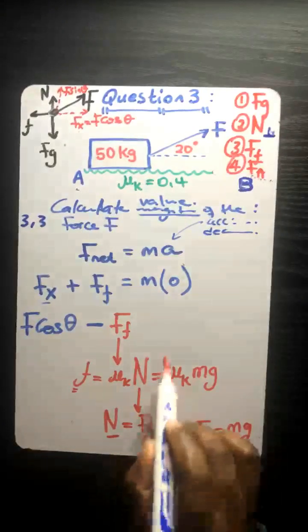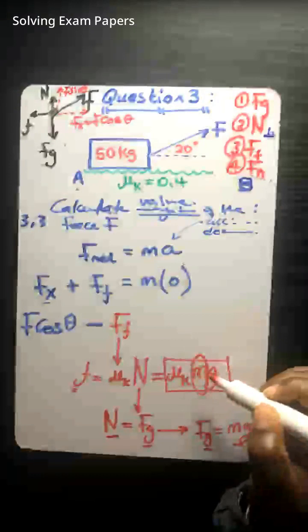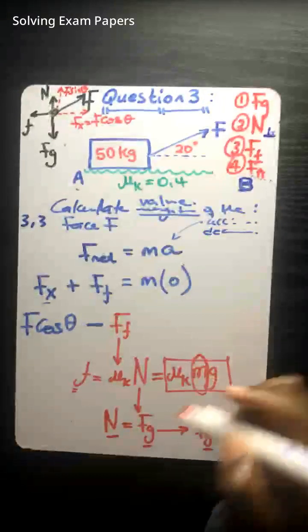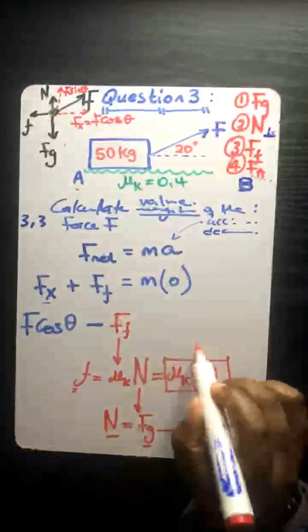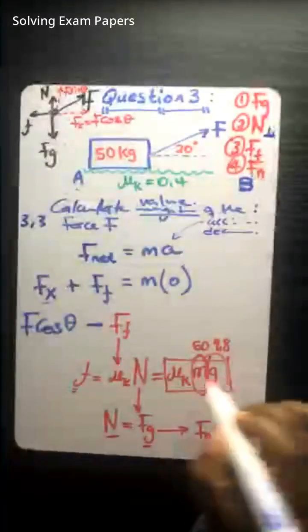So this is the formula for frictional force. M refers to the mass of the object, which in this case we know is 50. G doesn't change. We know it is always 9.8.